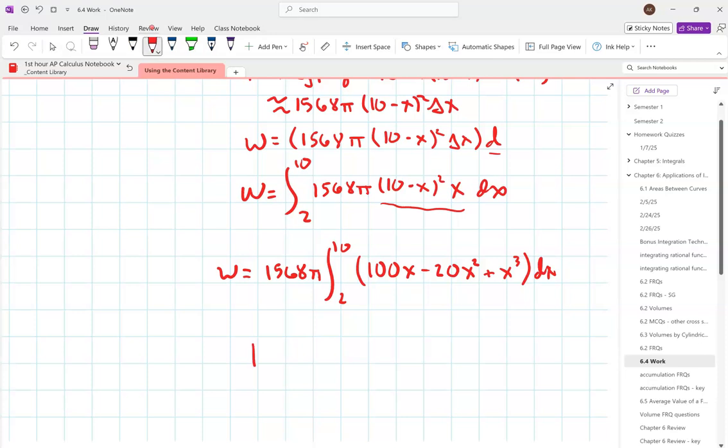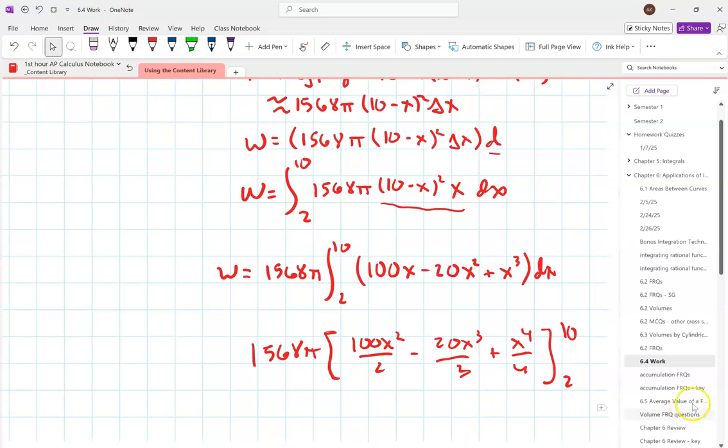So now it should be fairly easy because it's just a polynomial to integrate. So we'd have 100x squared over 2 minus 20x cubed over 3 plus x to the fourth over 4 from 2 to 10, and then it's just grind time. Does that feel okay?